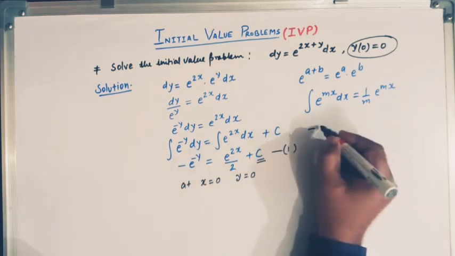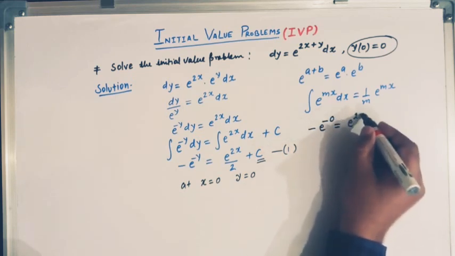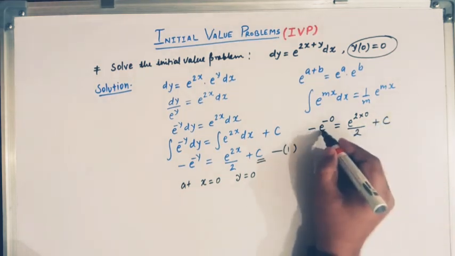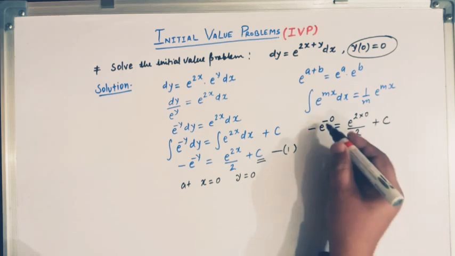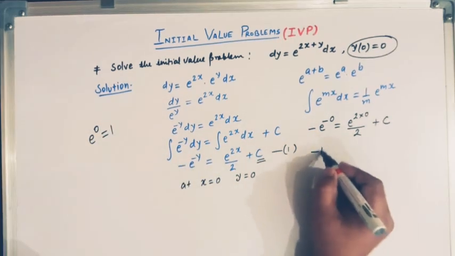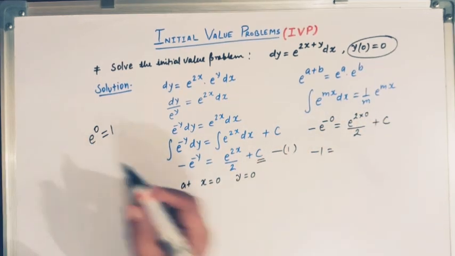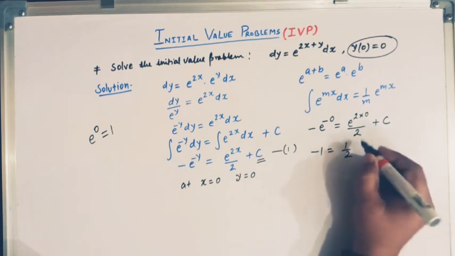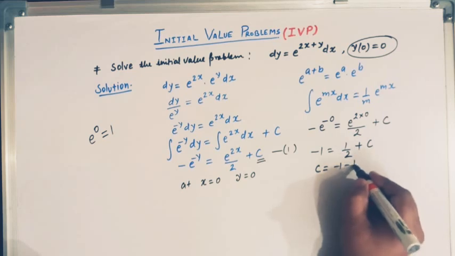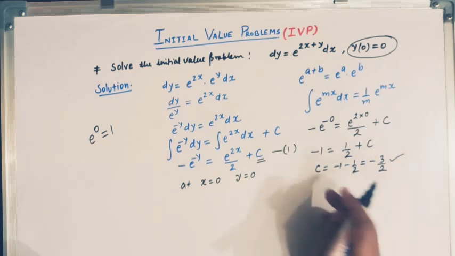So we have minus e raised to minus 0, and here we have e raised to 2 times 0 divided by 2 plus c, and e raised to 0 is 1, and here we have minus 1, and here we have e raised to 0, and e raised to 0 is 1. So here we have 1 over 2 plus c, and c is minus 1 minus half, that is minus 3 by 2, right? So this is the value of c.